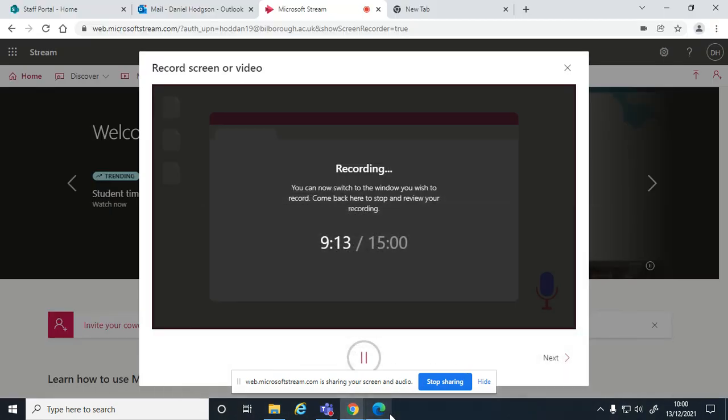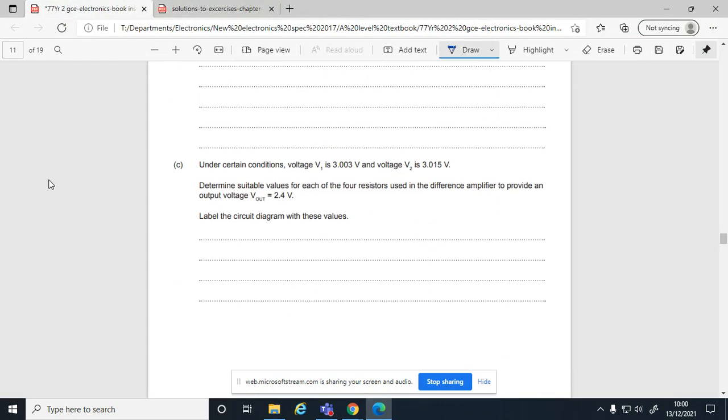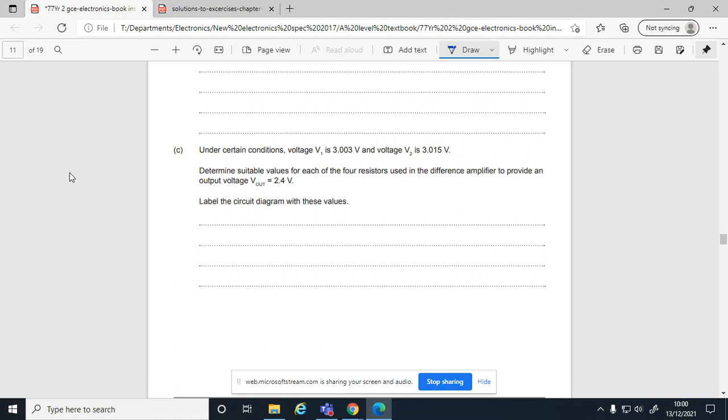And then the last one, dead easy. It's just basically, can we use the equation? V out equals V diff multiplied by the gain. I'll write it like that. Okay, so look at the question. We've been given the difference in voltage, and we've been given V out. So we obviously want to work out the ratio for that one. Okay, so rearrange the equation.